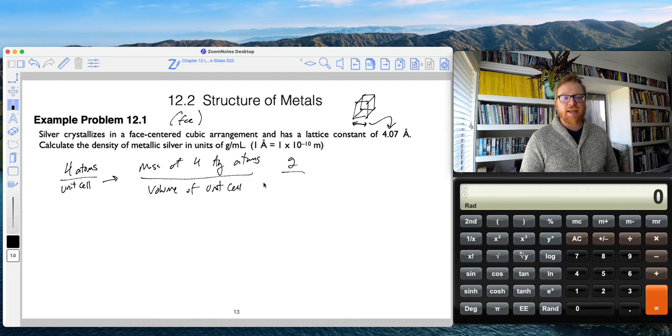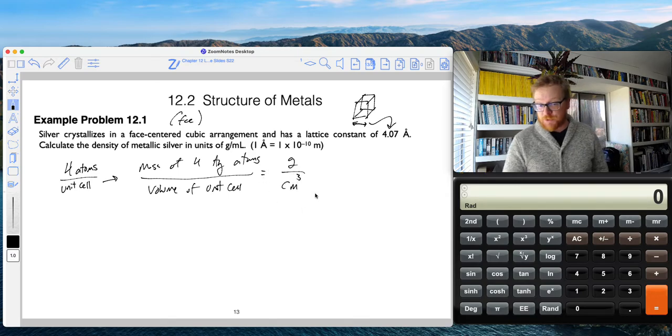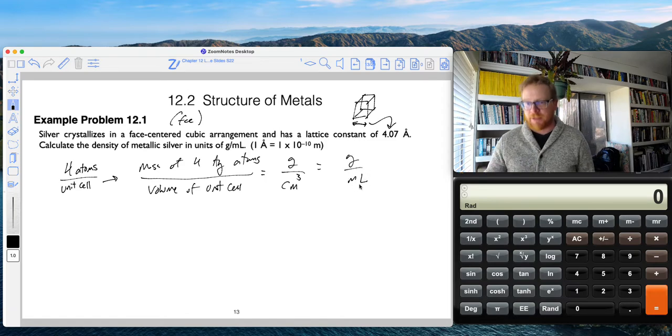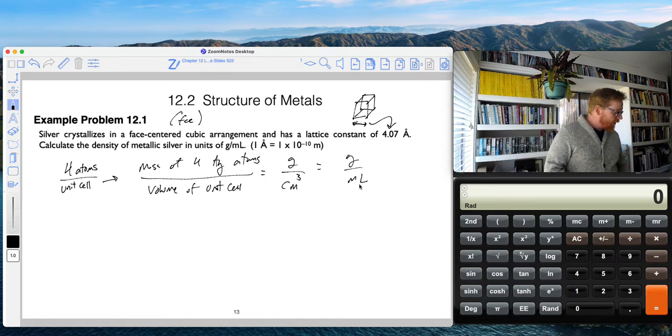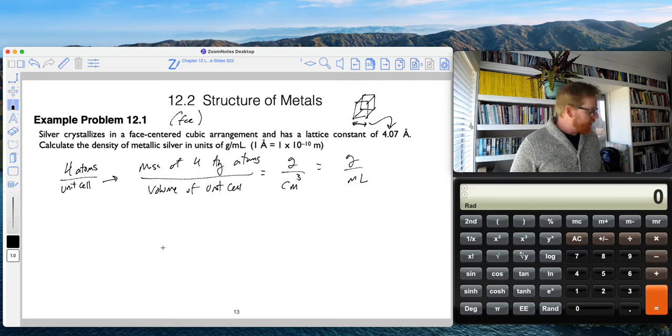I'm going to calculate this in units of cubic centimeters, which is the same thing as a milliliter. So first we're going to calculate the mass of 4 silver atoms. This should be a nice stroll down memory lane, doing our Gen Chem type stuff.